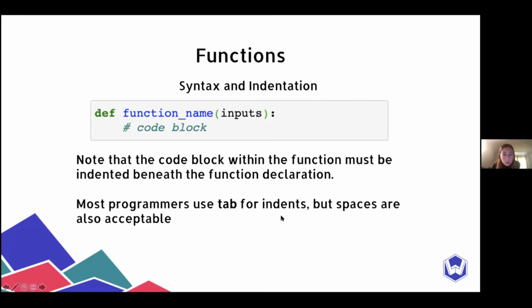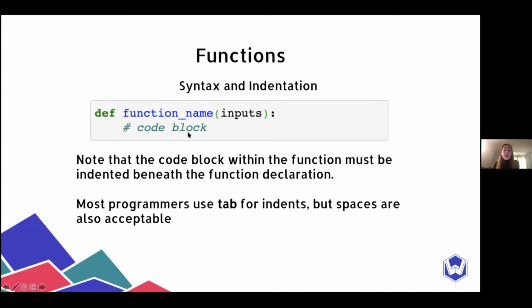So, all right. The syntax of a function is listed here. We define a function with the keyword def, space, and then whatever you want to call your function. So I wrote function name right here, open parenthesis, any inputs that go into it, close parenthesis, colon, and then your code block.